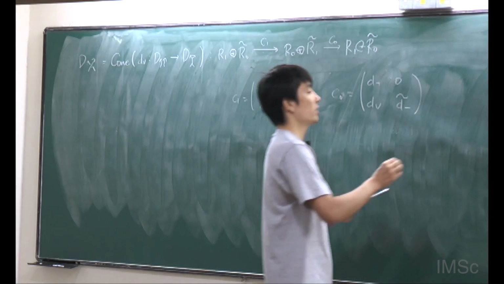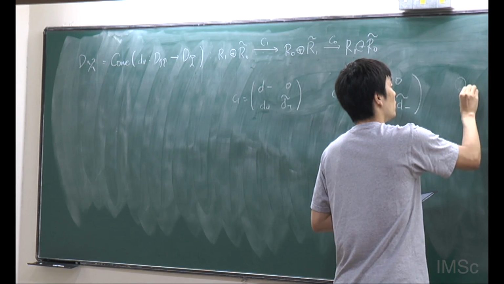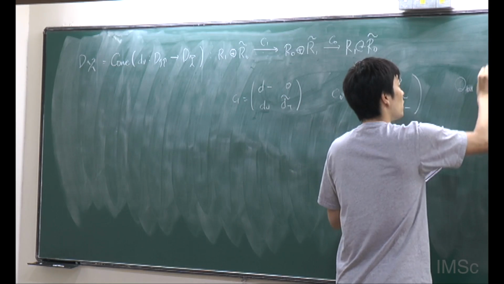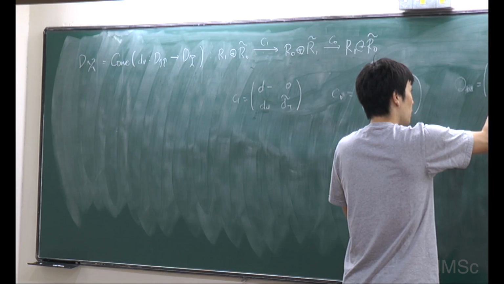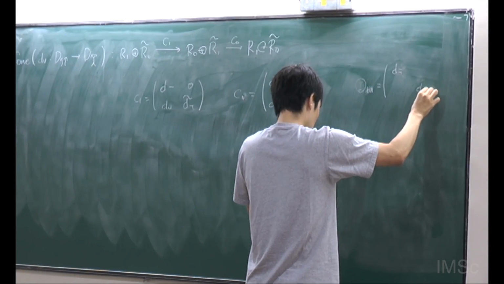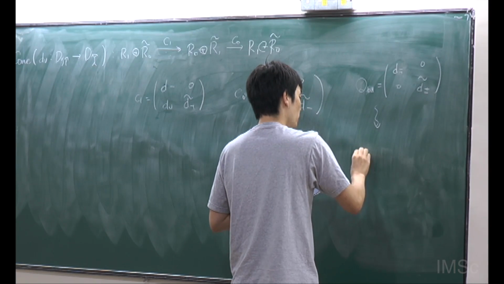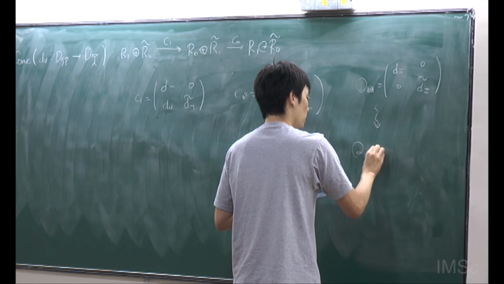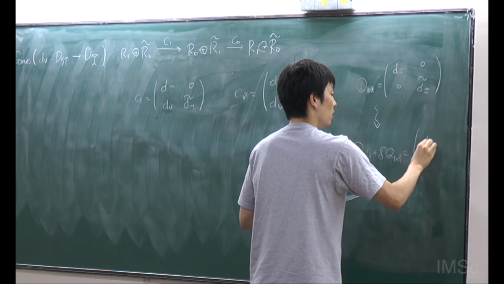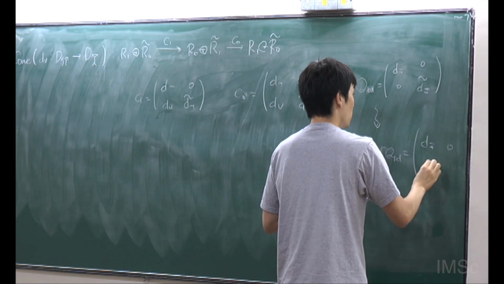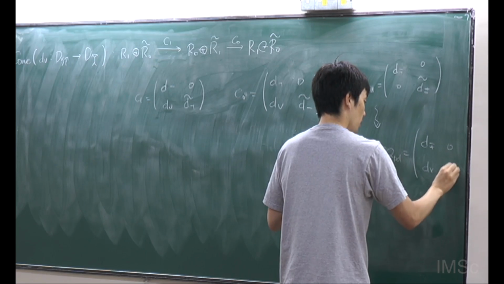So the boundary supercharge without dV is something like D minus plus, D plus minus tilde, 0, 0. But you deform the supercharge in such a way that Q boundary plus delta Q boundary is given by D minus plus, 0, dV and D minus tilde.